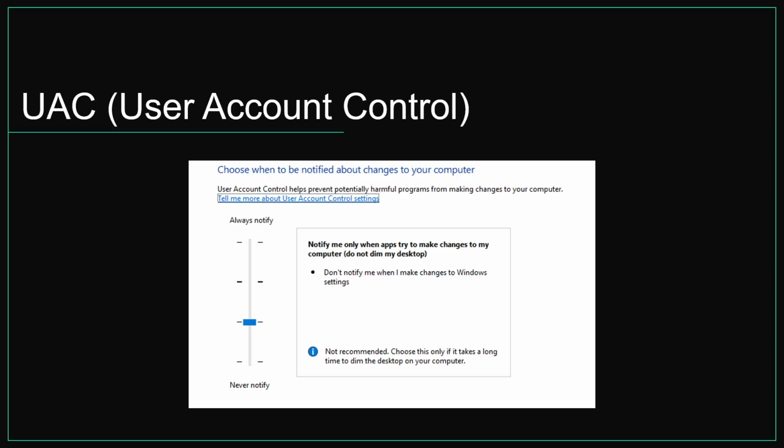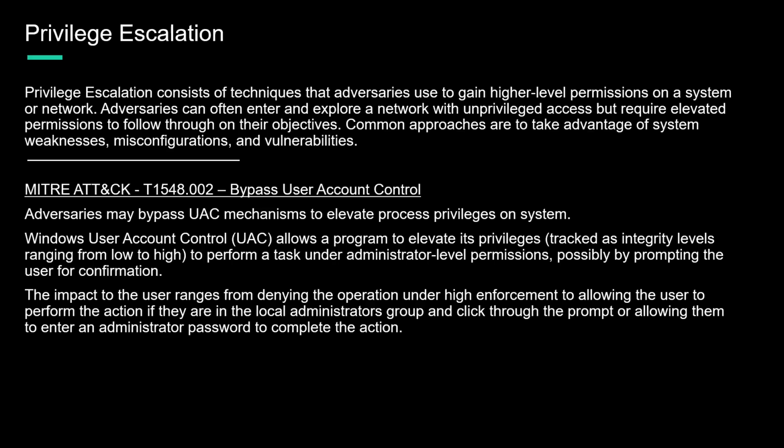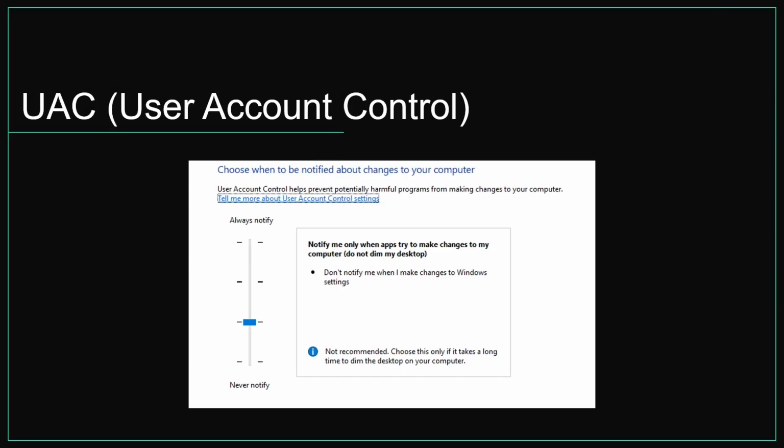So you can see that this is your typical UAC security levels prompt on Windows that allows you to essentially configure the notifications when a program is executed with administrative privileges, right? So the default setting is typically right over here, or by standard, it should be set at this level, right?